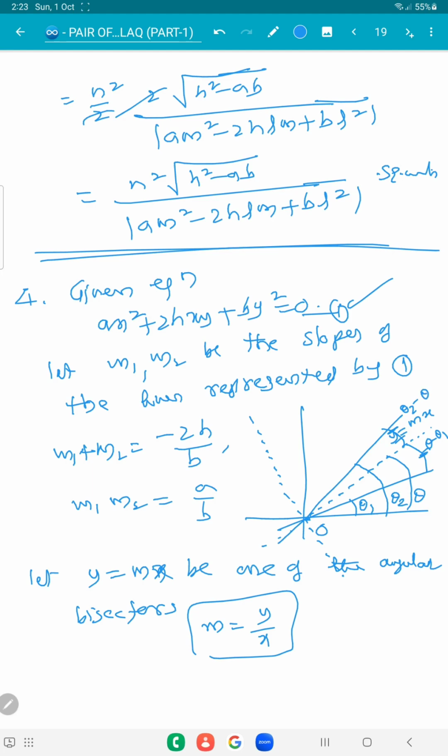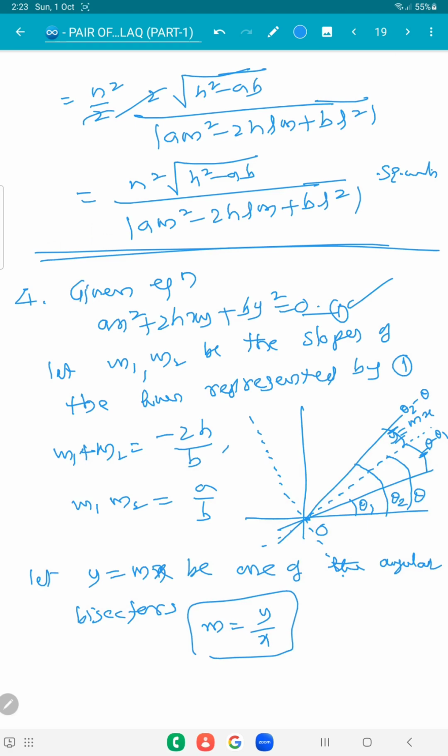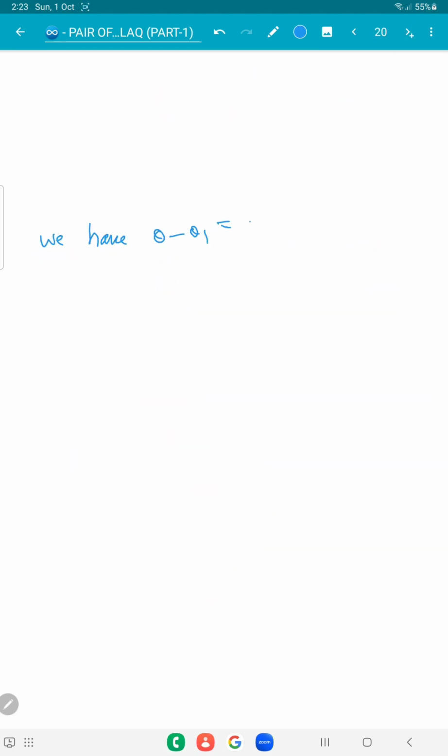These two are equal. So let us write that. Theta minus theta 1 is equal to theta 2 minus theta. What does it mean? 2 theta is equal to theta 1 plus theta 2. This is important.